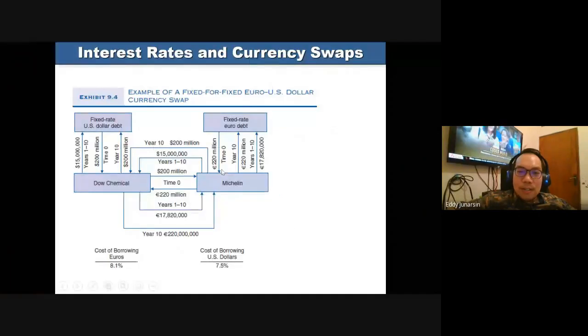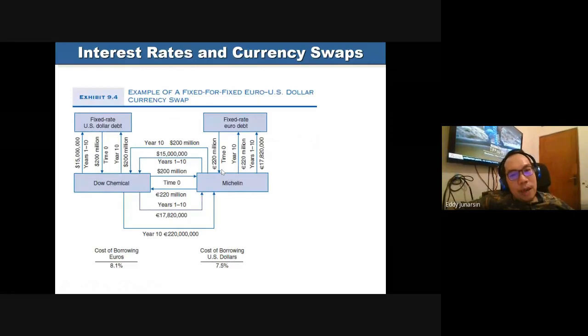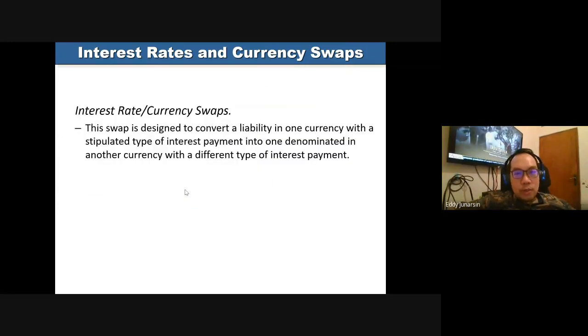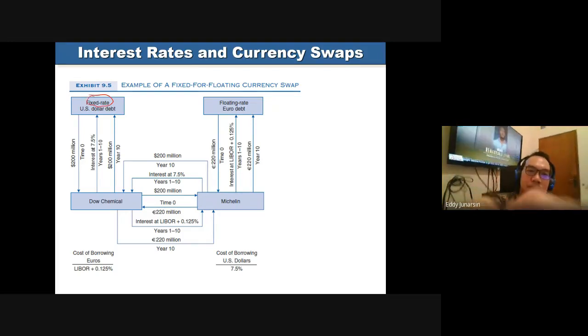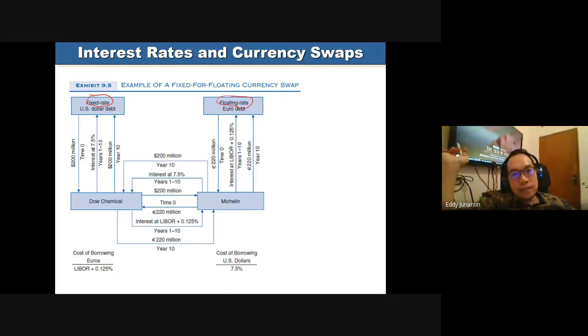Okay, so what about if we have a combined case, right? Currency plus interest rate swaps, right? This could happen also. We continue the example, except that now Dow will borrow fixed rate and Michelin will borrow floating rate.